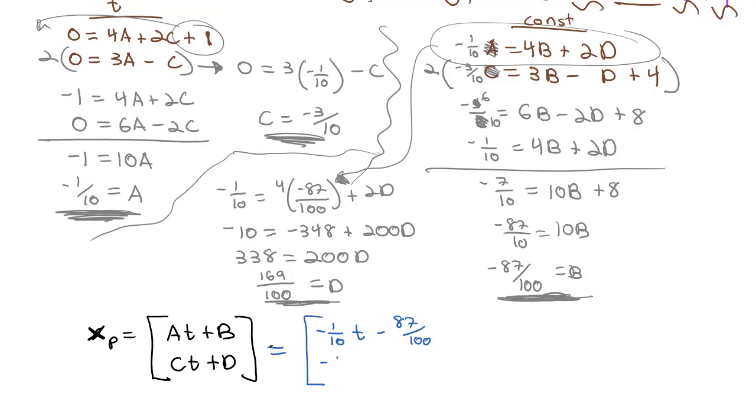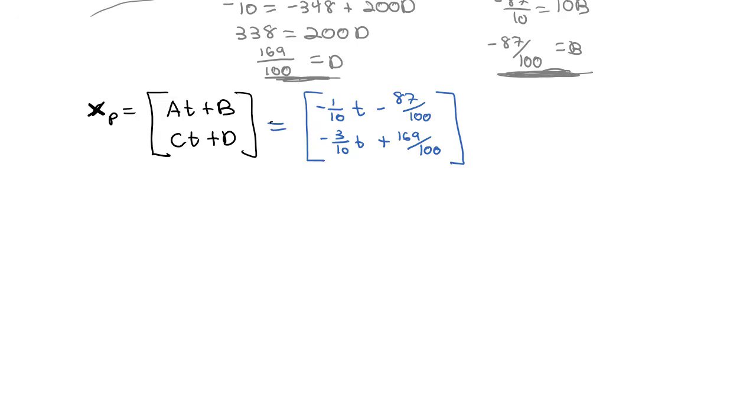C, we said, was negative 3/10 t, plus d, which is 169 over 100. And we have our x particular. A lot of algebra to get there, but not really difficult algebra, very doable.